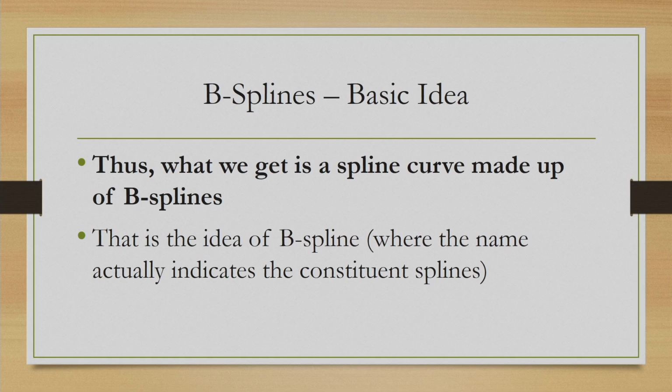In B spline, we have a curve made up of basis splines, which in turn is made up of polynomial pieces. So, what we get is a spline made up of B splines, and that is the overall idea. So, when we are talking of B spline, we are actually referring to the constituent splines.